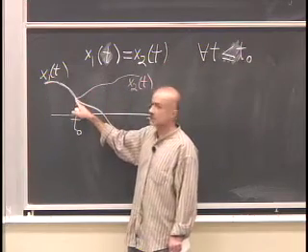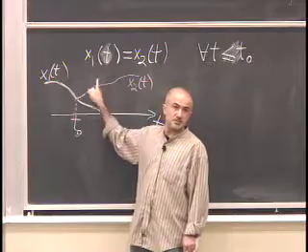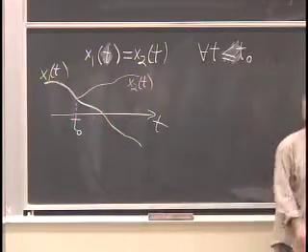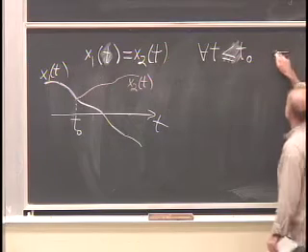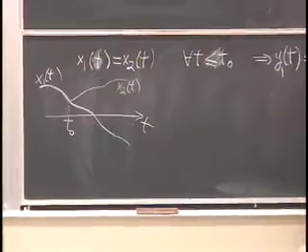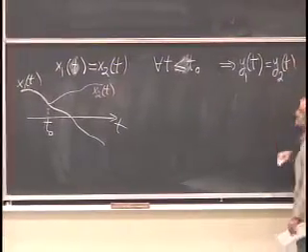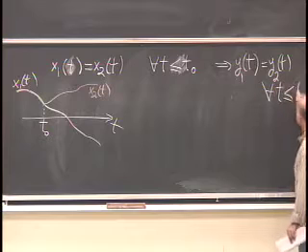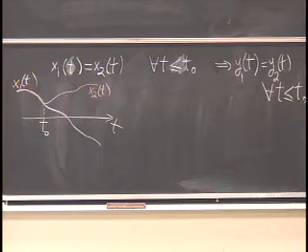It's not noticing that these two will diverge from each other in the future. So the response corresponding to the first input and the response corresponding to the second input must be the same for all t less than or equal to t naught. Okay?